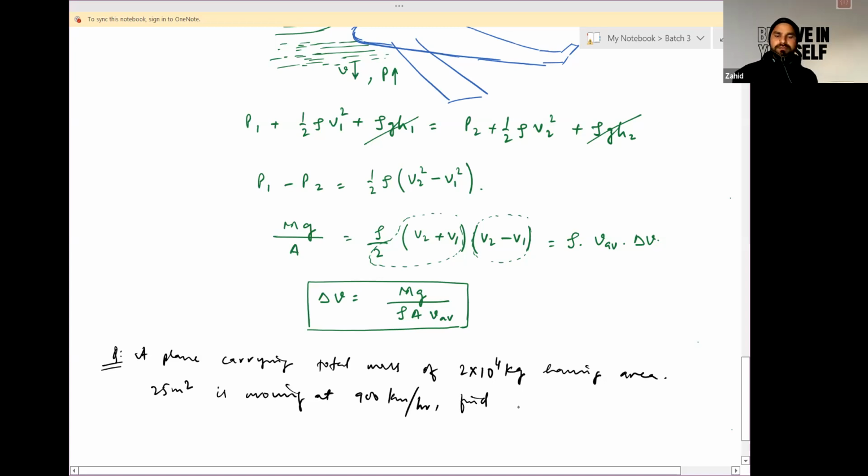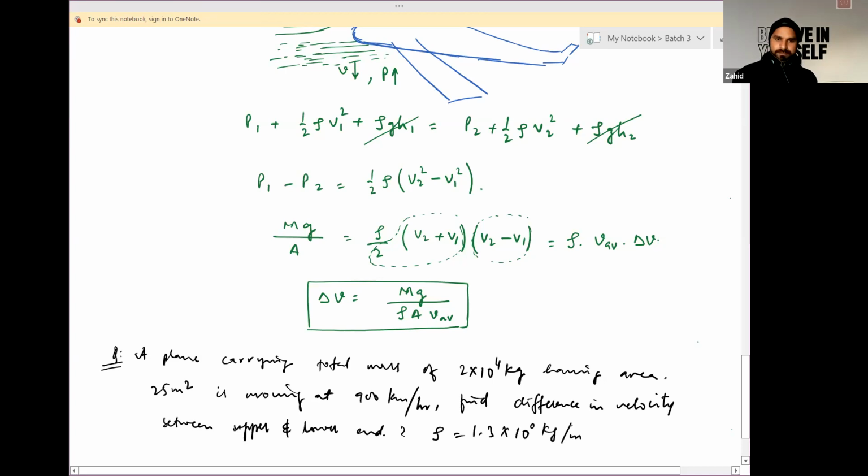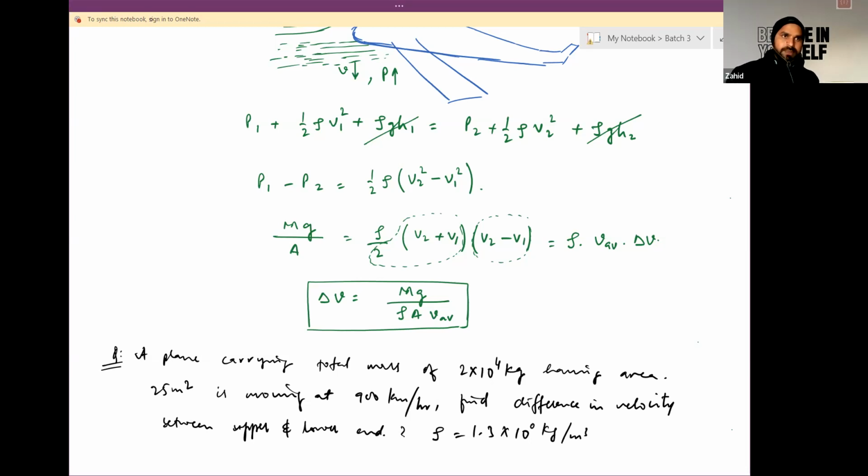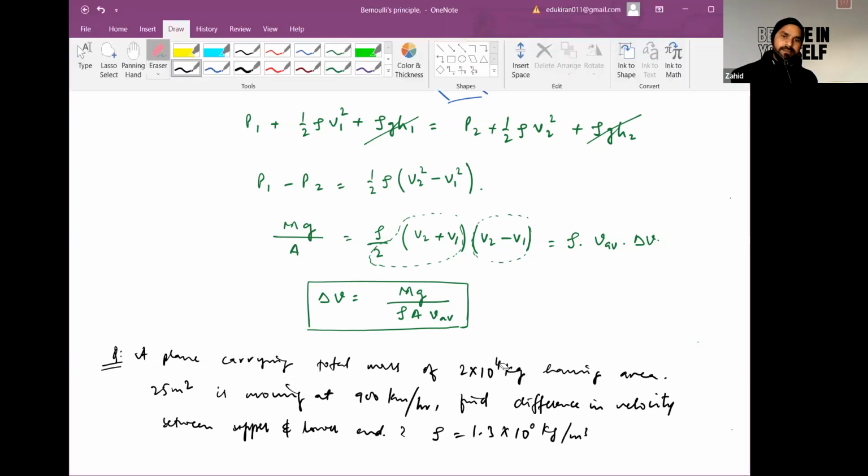Find difference in velocity between upper and lower end. Density of air is 1.3 into 10 to the power 0 kg per meter cube. Take gravity to be 10.